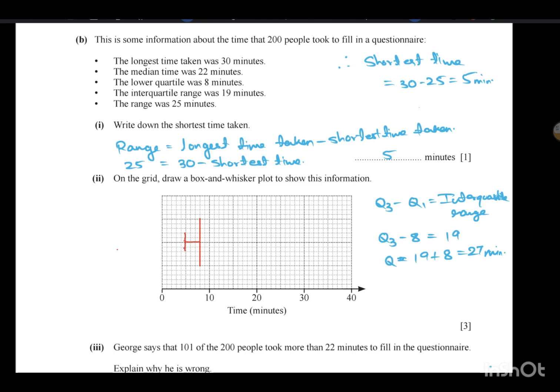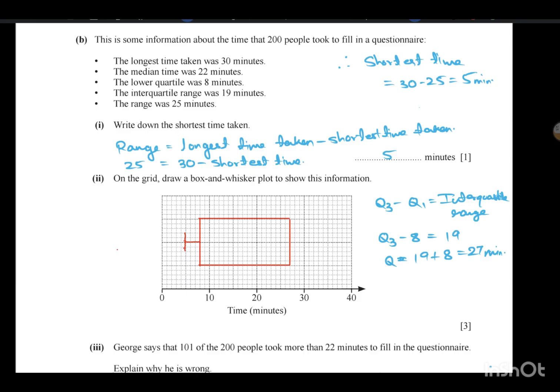Then the Q3 value we got is 27, so take 27 here. After 21, 22, 23, 24, 25, 26, 27. So 27, complete this line and make a rectangle like this.